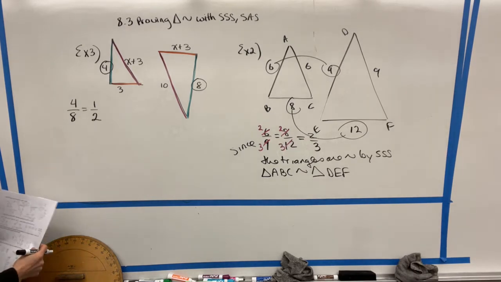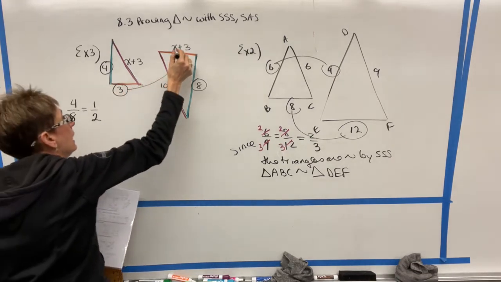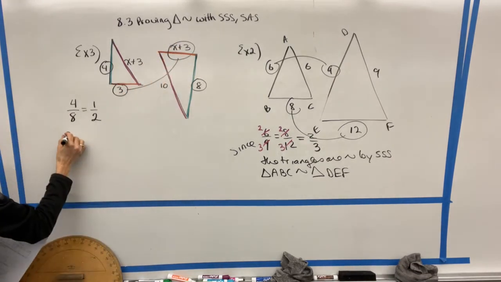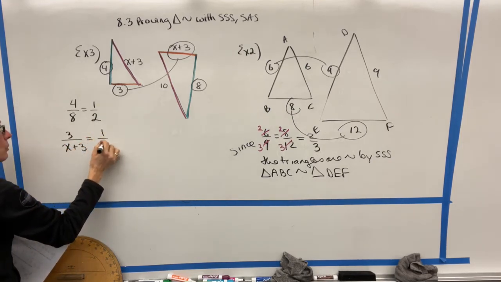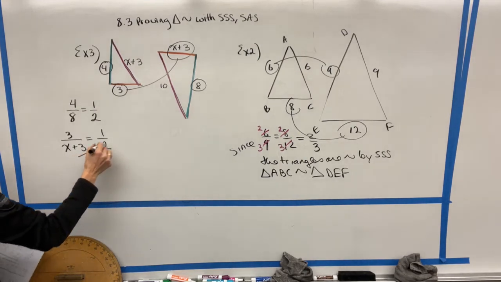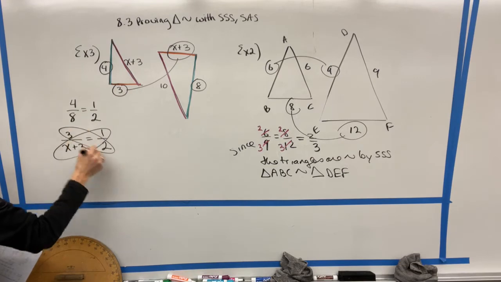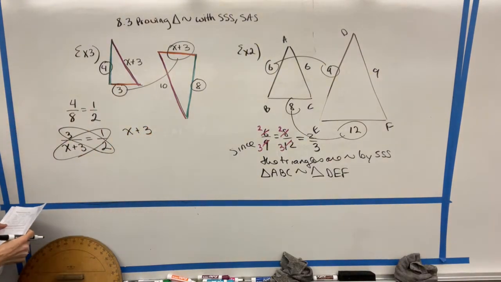So let's do that with this pair right here. I need 3 over x plus 3 to equal 1/2. Now to solve this, I can cross multiply. So 1 times x plus 3 is just x plus 3.